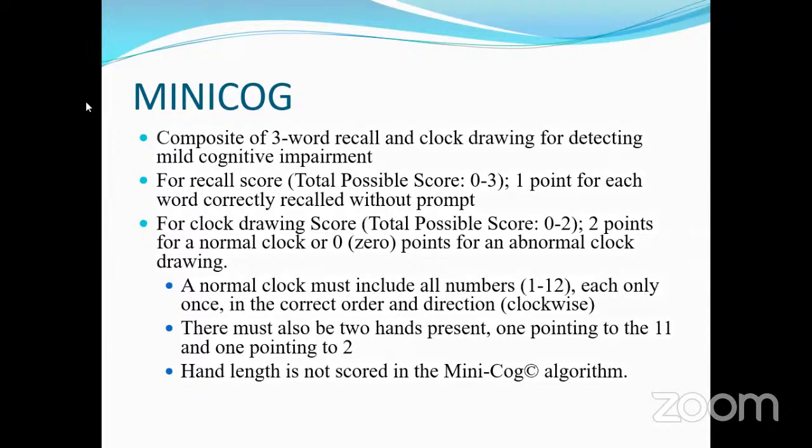And then there are also 2 hands present, the minute hand and the hour hand, and where they are pointing, you can also score that. So Mini-Cog is another measure of cognition of that patient.